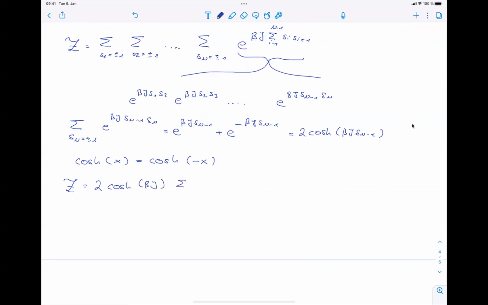And then in principle, I'm still left with all the other sums, S1 equal plus 1 minus 1, S2 equal plus 1 minus 1, and so on, until S(n minus 1) plus 1 minus 1.